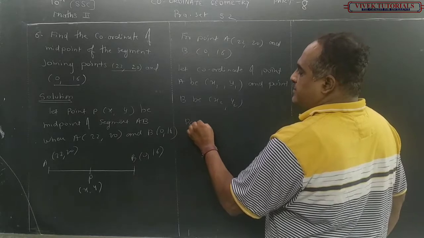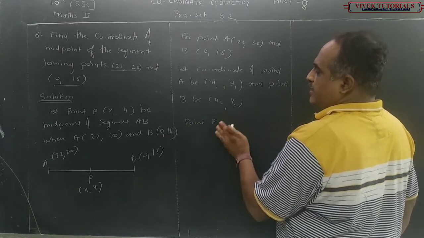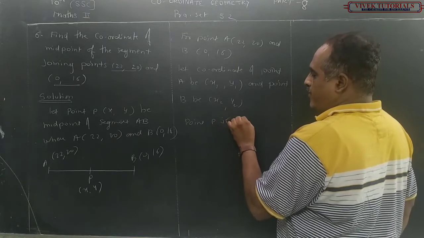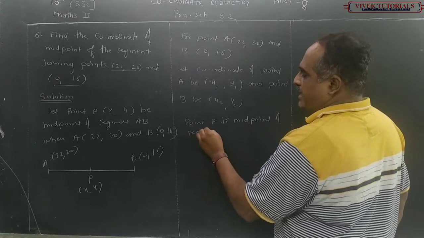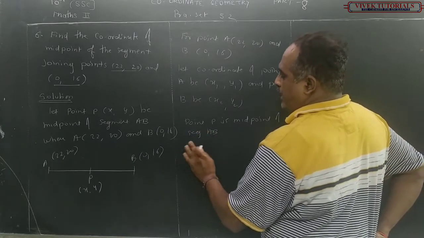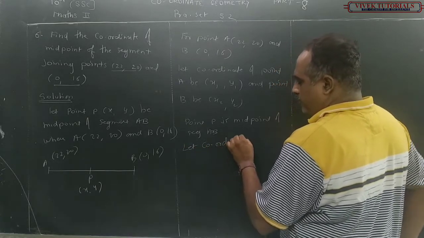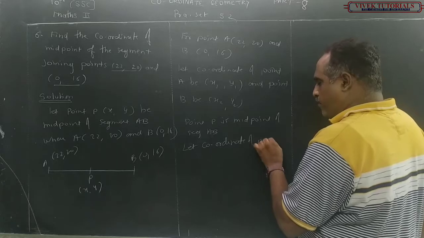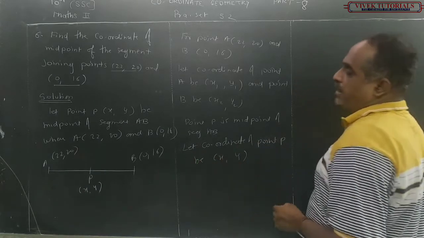Point P is a midpoint of segment AB and let the coordinate of point P be x, y.